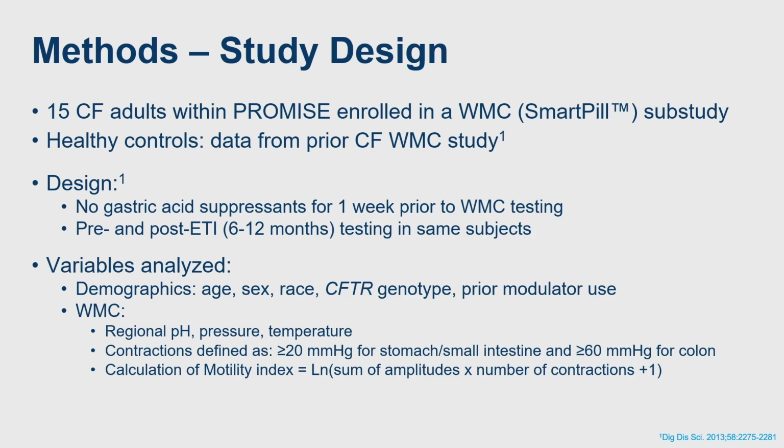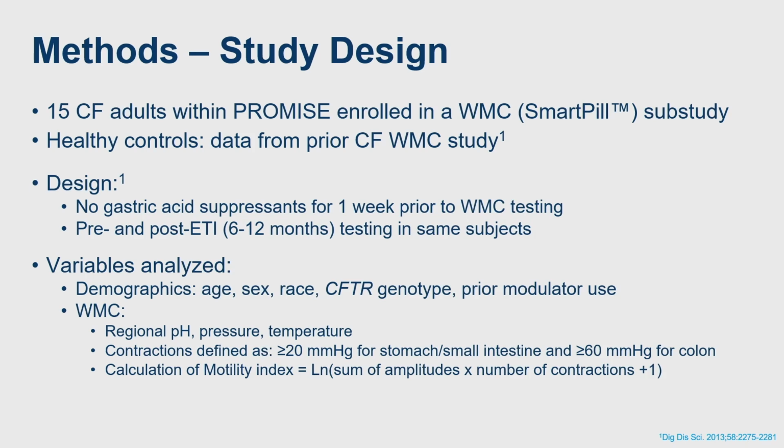So here's some information on our study design. There were 15 CF adults within PROMISE that were enrolled in this sub-study. For healthy controls, we used data from a prior capsule study, the one I mentioned from Daniel Gelfand. The design was similar to the prior capsule studies, in that participants couldn't have any gastric acid suppressants for at least 1 week prior to WMC testing.